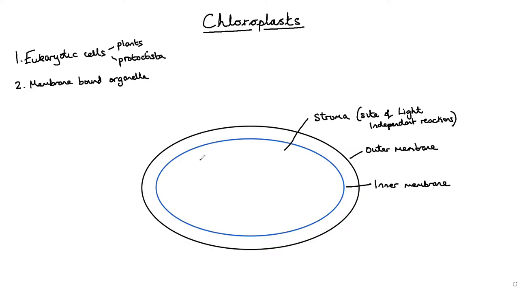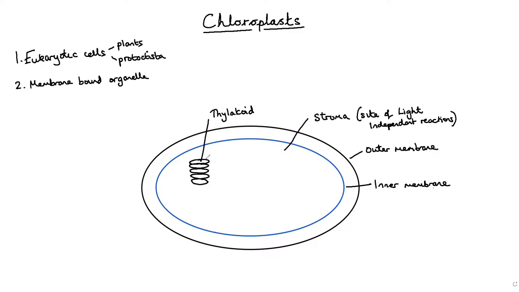Within the stroma, you will find these membrane discs. So they have membrane round the outside, and each one of these discs, which are in this stack here, is called a thylakoid. And being a membrane disc, it has a phospholipid bilayer around the outside.